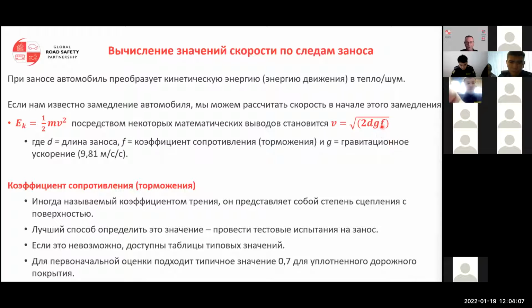The last one is the critical one, which is drag factor. Drag factor is simply a term that describes how much grip a road surface has. A brand new piece of road with nice sharp stones may have a drag factor value of 0.8.